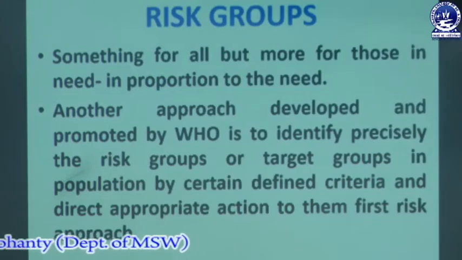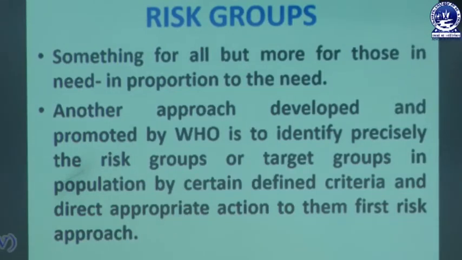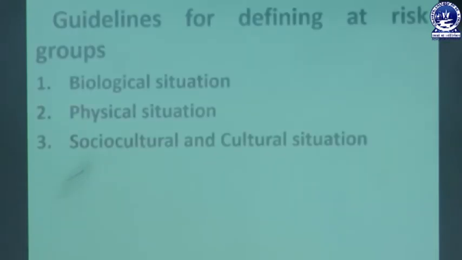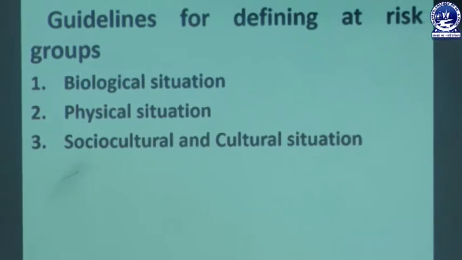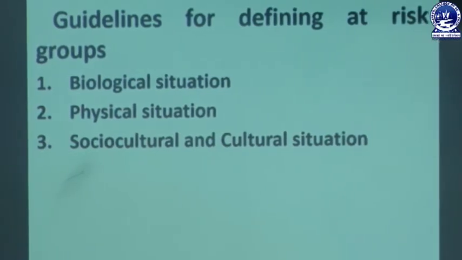In risk groups, there are different situations and some guidelines for defining at-risk groups. These guidelines are biological situation, physical situation, and socio-cultural situation. Under biological situation, there is age group, for example infants with low birth weight, toddlers, and the elderly, and those who are suffering from different diseases.